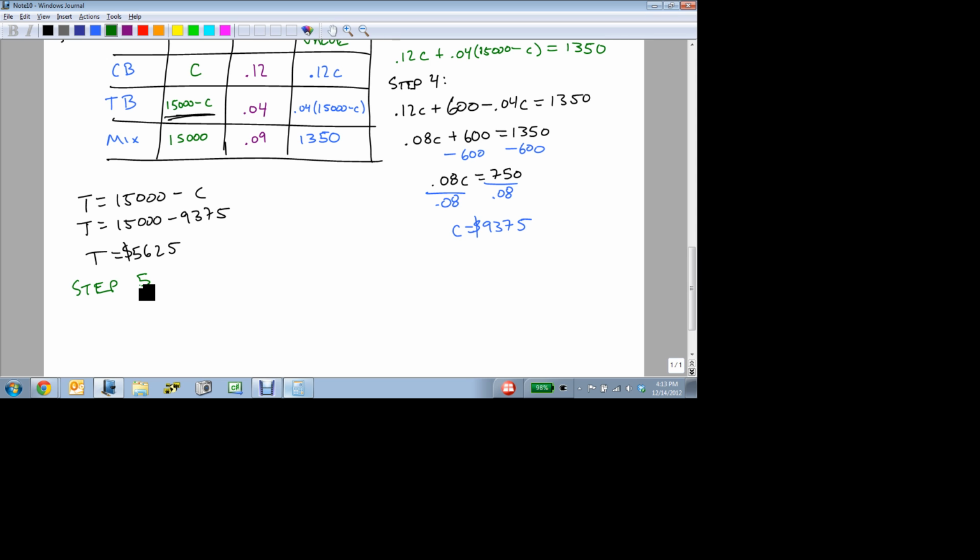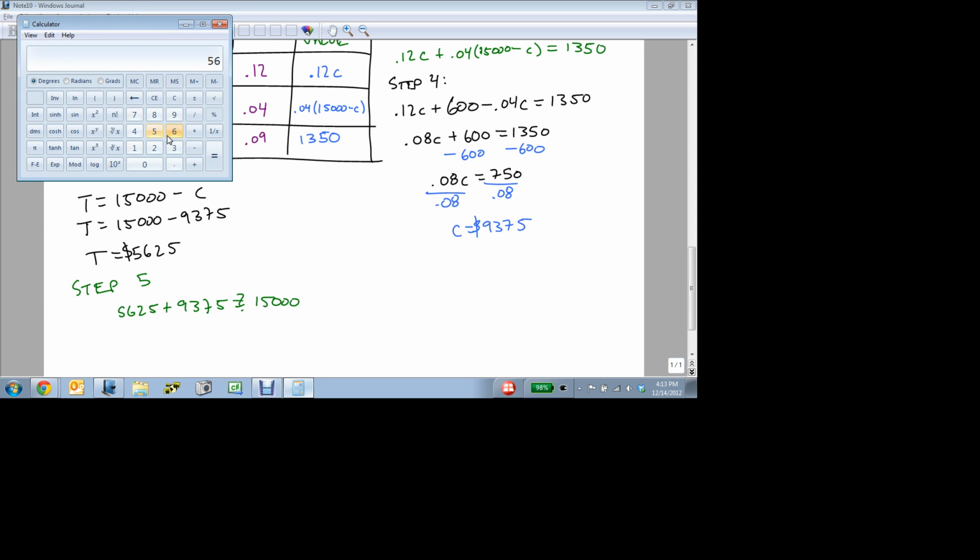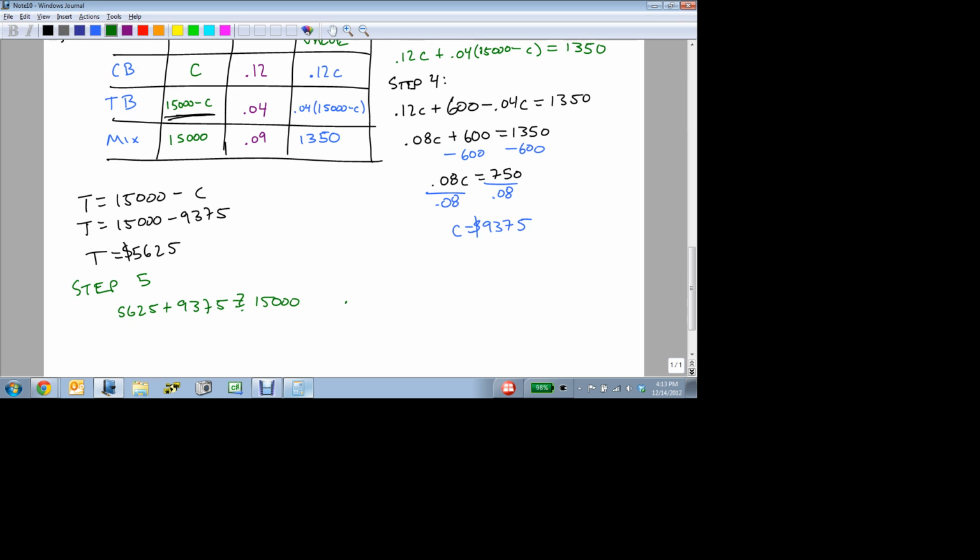We need to check, is 5,625 plus 9,375 equal to 15,000? Did I invest all of my money? And this should come out right. And it does. But we also need to check, is 12% of 9,375, plus 4% of 5,625, does that actually equal 1,350?